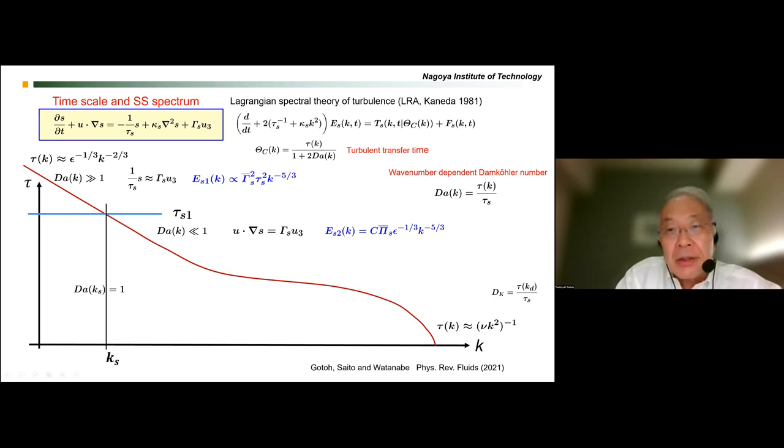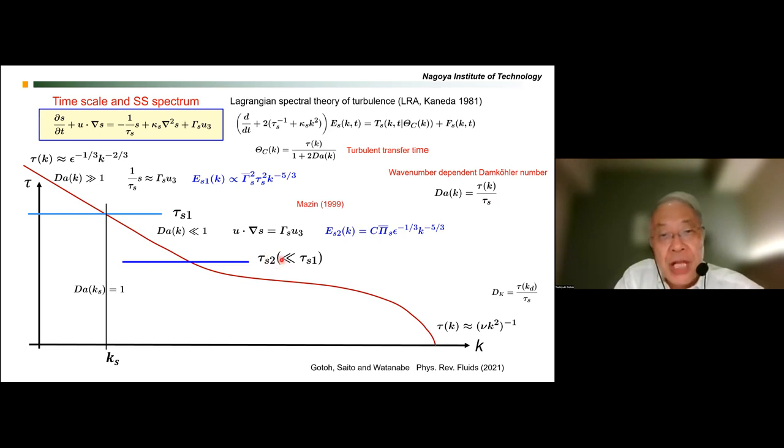But also there is a third regime. Consider tau s very short, and accordingly, we can consider the wave number range where tau k is comparable to tau s. So in that case, we are considering short time tau s. What happens around here?